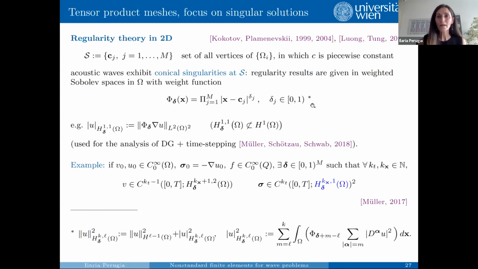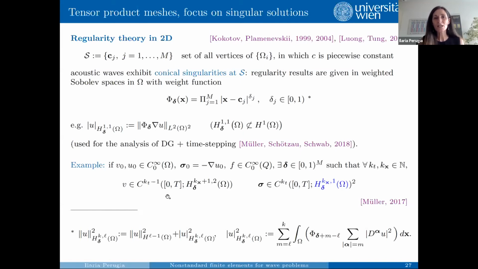What is important is that, for instance, in the lowest case, these weighted spaces, H^1_δ, are not even contained in H^1.